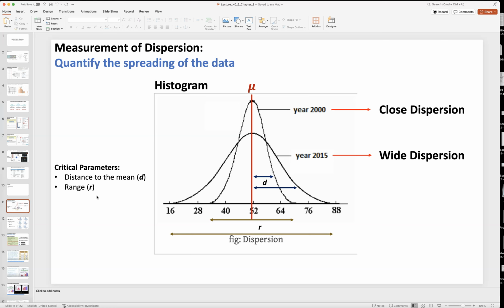But if the range is small, the data is probably more concentrated, less dispersed. So if we look at this curve, the lowest value and the highest value, this distance is smaller, and we can say it is less dispersed.